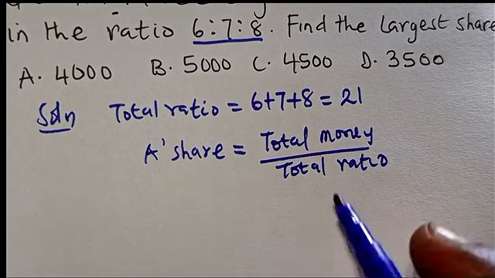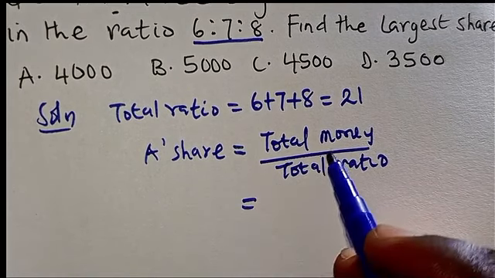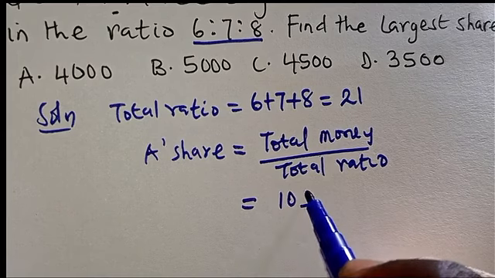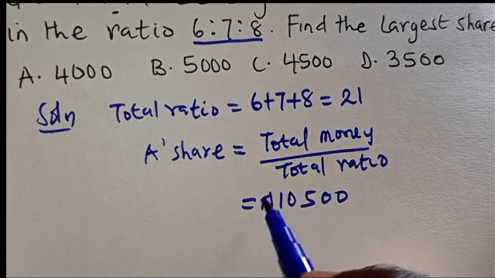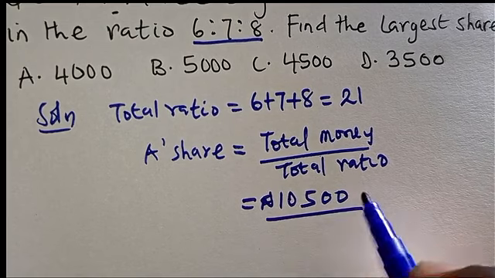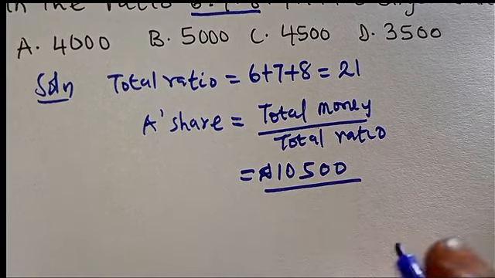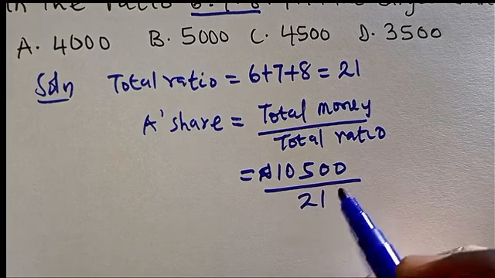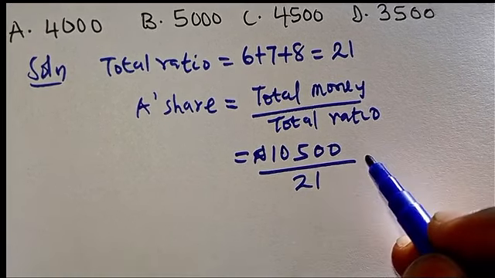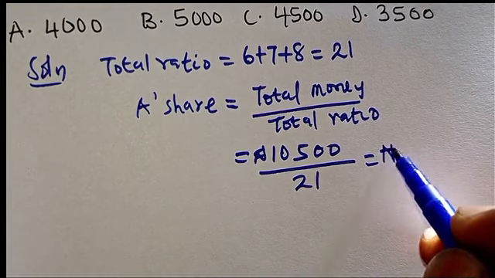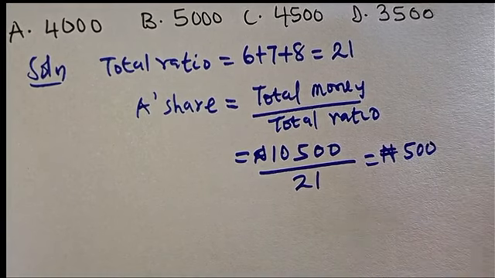So now, getting a share, we have the total money, which is 10,500 naira, divided by the total ratio, which is 21. When you divide this, you can see that it gives us 500 naira.